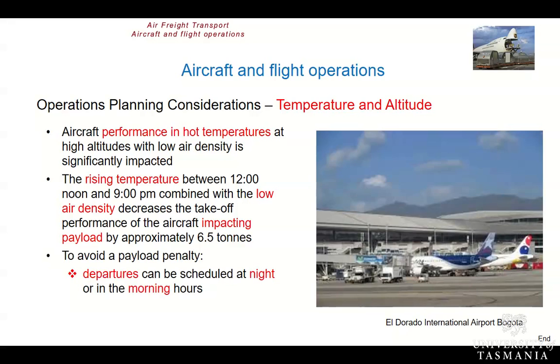So your options for avoiding payload loss are to travel in the morning, or travel at night, or only take on so much fuel and then have a number of fuel stops on your journey.